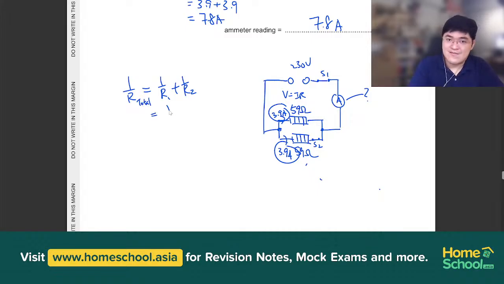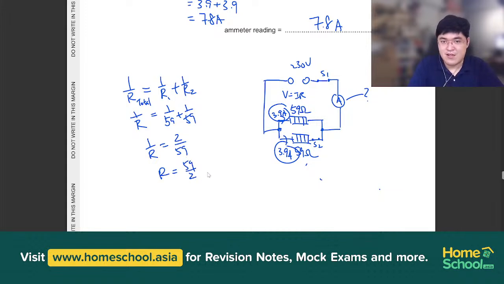But let's do it this way: 1 over R, then you flip everything around. R should equal to multiply R on this side, and then divide by that side. You should get 59 over 2.